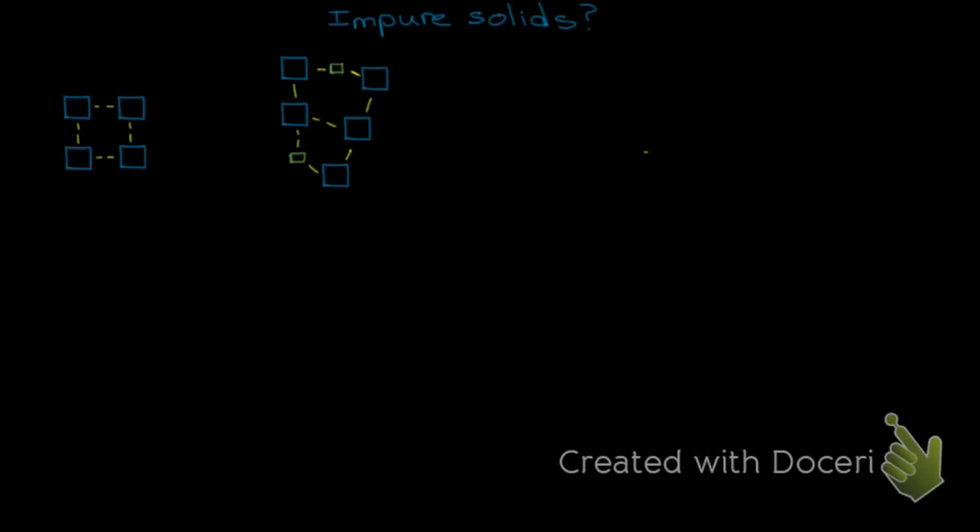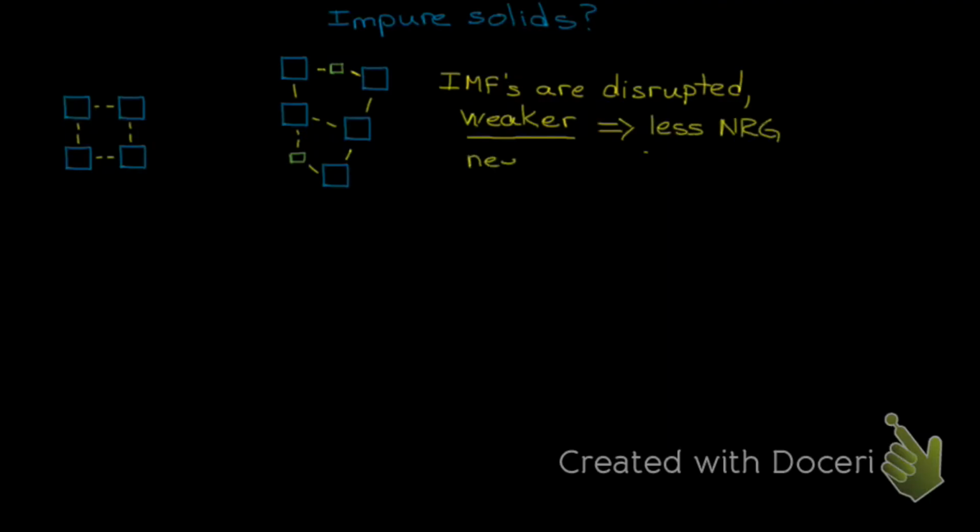What this does is create intermolecular forces that are disrupted, and it leads to some of them being weaker than in the original structure. So now all of a sudden, you end up needing less energy to break those weaker intermolecular forces. That leads to melting point depression.